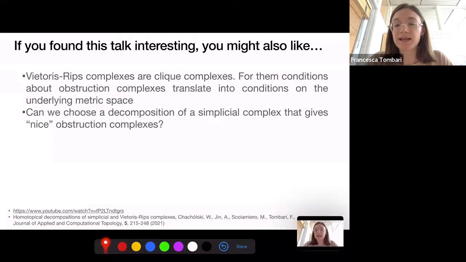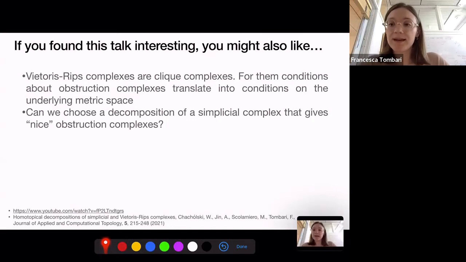Some of them, the most intuitive ones, could be understood even by looking at angles, for example between edges formed in the Vietoris-Rips complex. Just looking at angles in your metric space was maybe the most intuitive one.